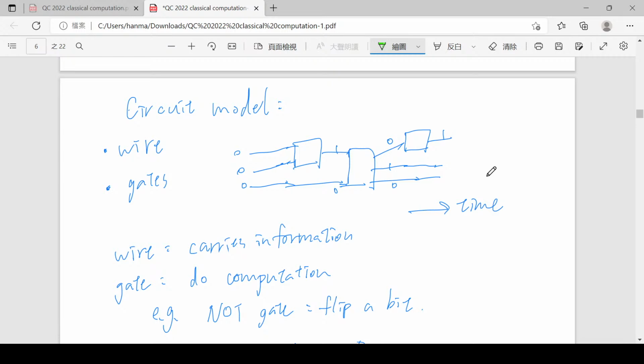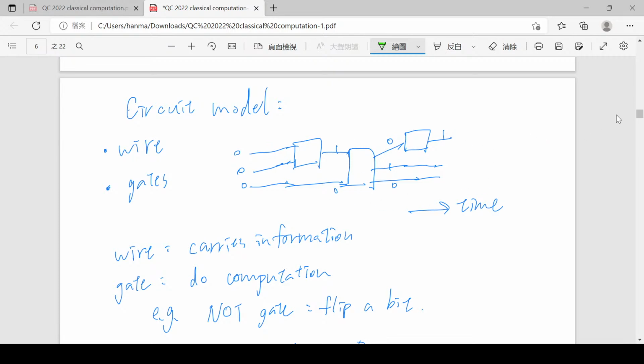But the first thing you notice is that if you write in circuit model, then one of these pictures has a fixed input size, right? So for example, this picture here, the input has 3 lines, so you have 3-bit input.